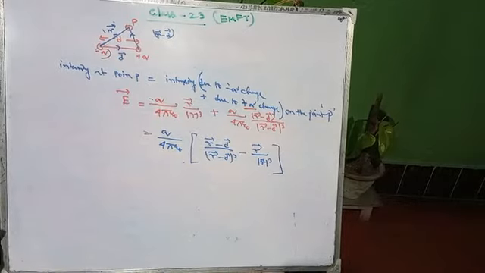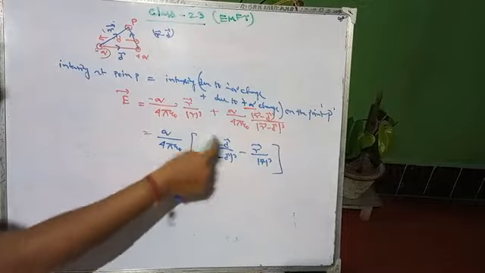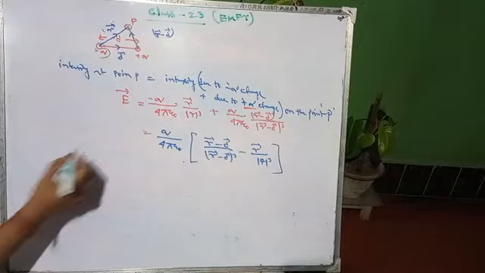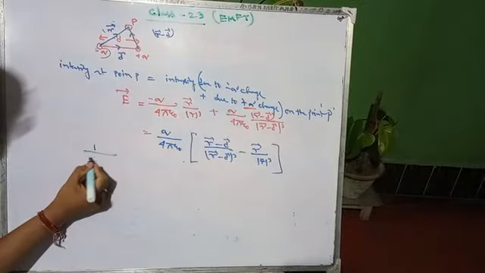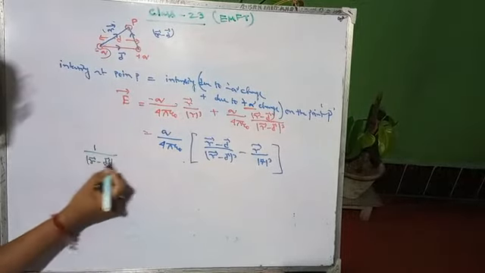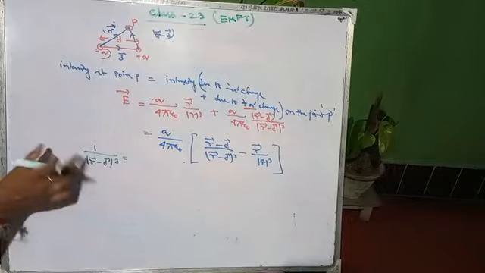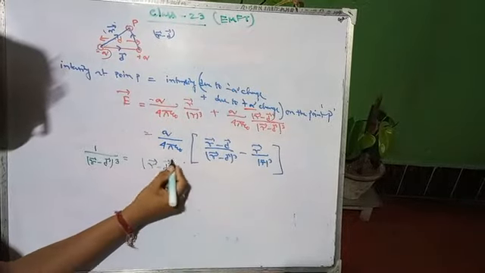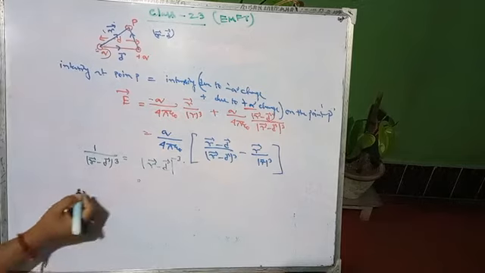Now we have to apply the binomial theorem over this term. Why are we using the binomial theorem? Because in this term we have 1 by r vector minus d vector to the power 3. So calculate this term separately: r vector minus d vector to the power minus 3.